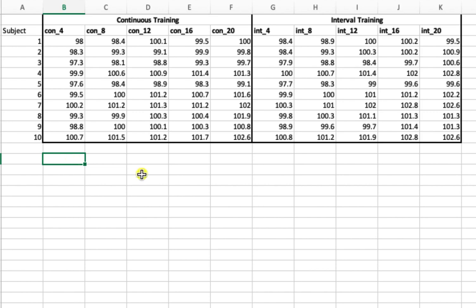Let's see, I think I want to do my time points on the top, so this would be 4 minutes, 8 minutes, 12 minutes, 16 minutes, and 20 minutes. And then I'll have a row for continuous and a row for interval.